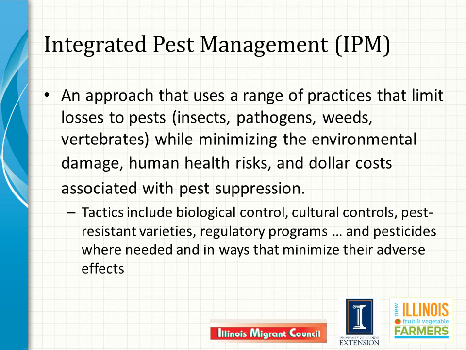Tactics include biological control, cultural controls, resistant varieties, regulatory programs, and pesticides where needed and in ways that minimize their adverse effects. Remember that in IPM, pests are broadly defined to include weeds, insects, mites, plant pathogens, and even wildlife.